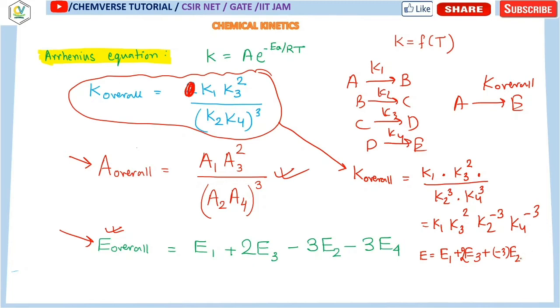And then there is a multiplication sign, so plus. Then the power of K4 is minus 3, write down the power over here and write down E4. So from here you are getting E1 plus 2E3 plus minus 3E2 plus minus 3E4. Okay, so this is nothing but this expression.